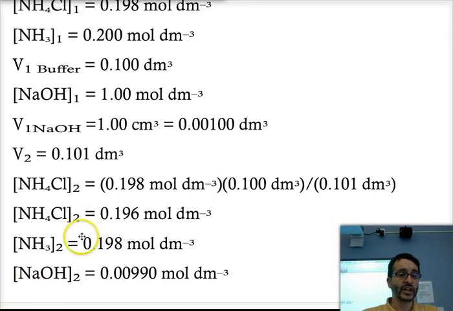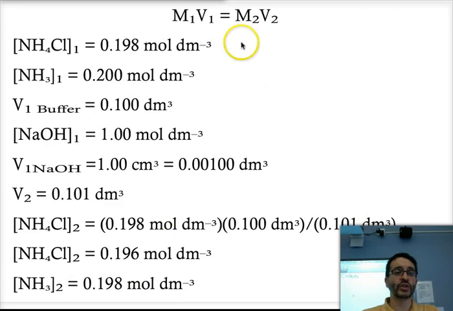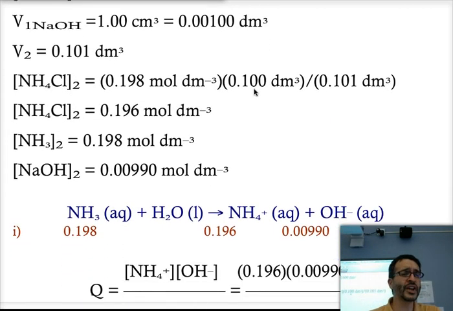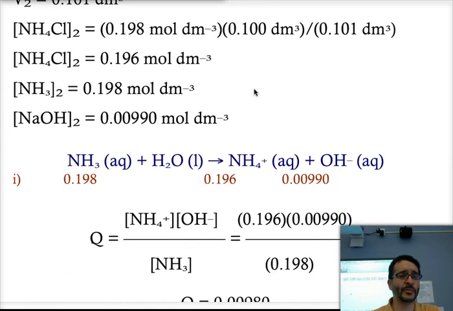We're going to calculate these using our usual equation for dilution, M1V1 equals M2V2, M just being the molarity. You could use C if you're used to using C for concentration. So we got those values, and here they are.